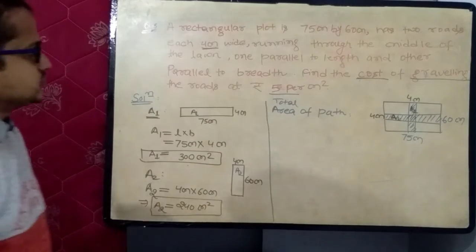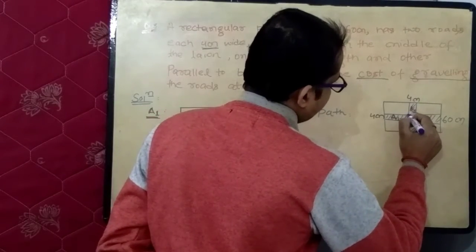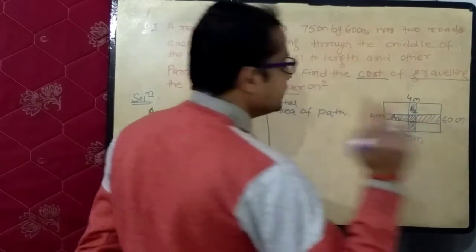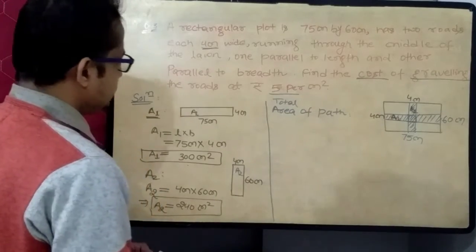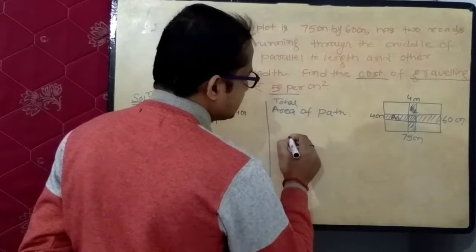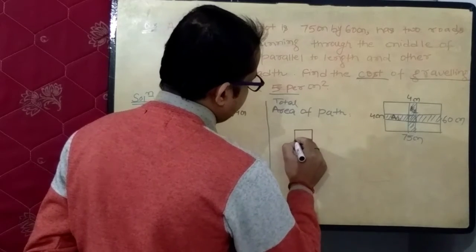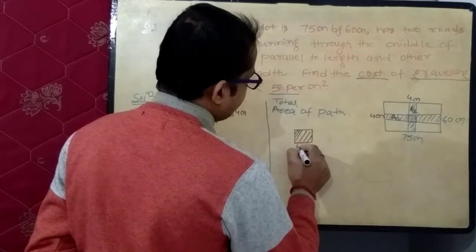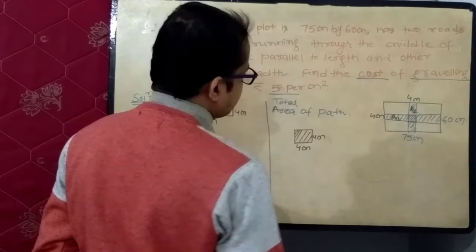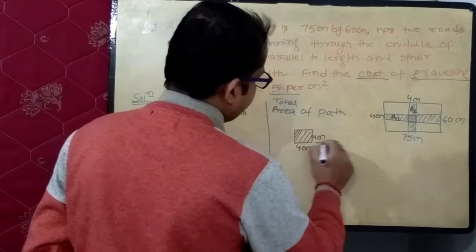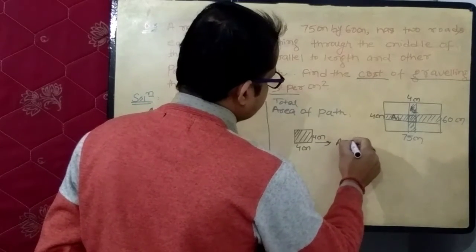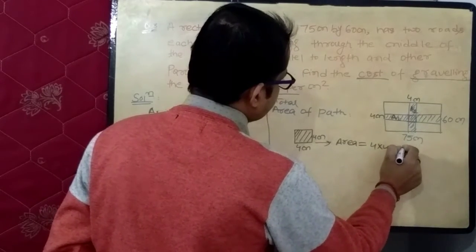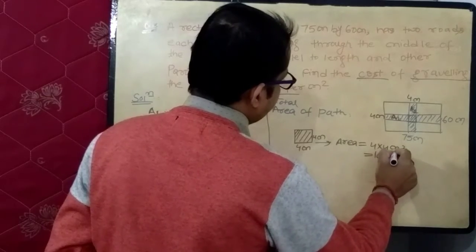But one problem is that while calculating area of road, this portion is calculated 2 times. So you have to subtract this portion. What is length? 4 meter, and what is breadth? This is also 4 meter. Simply calculate area, that means area equals to 4 into 4 meter square, that is 16 meter square.